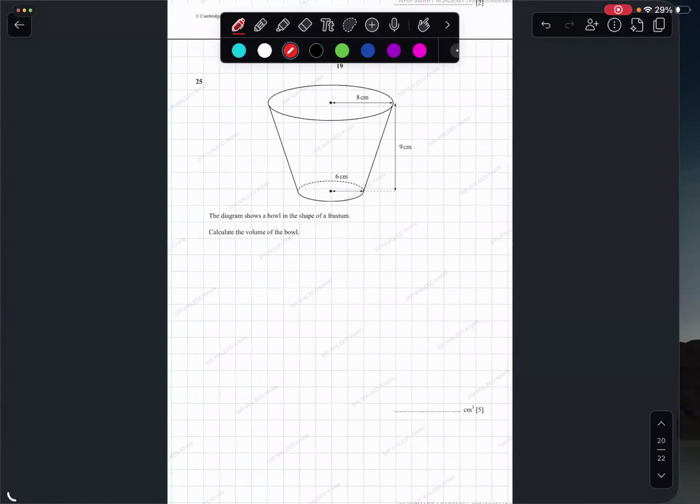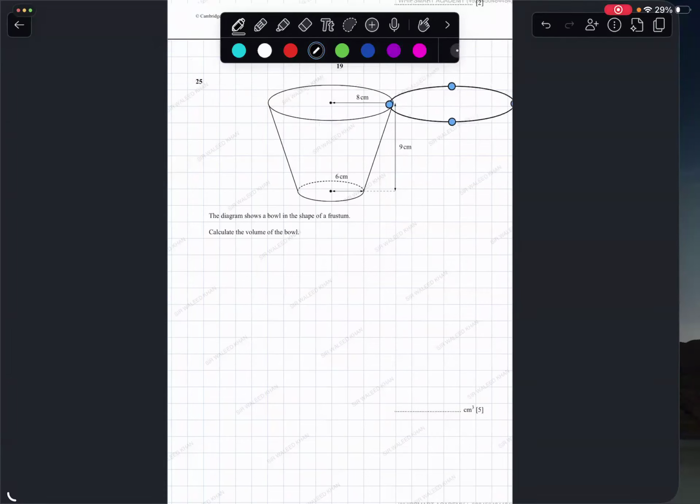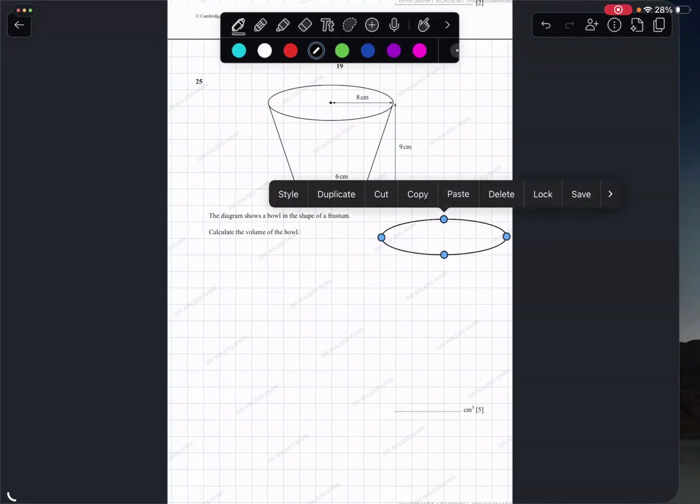The last question for today. We have the diagram shows a hole in the shape of a frustum. Calculate the volume of the hole. So obviously we have discussed earlier as well that when we are talking about frustum, a frustum is a shape like this, in which, for example, this is the cone.